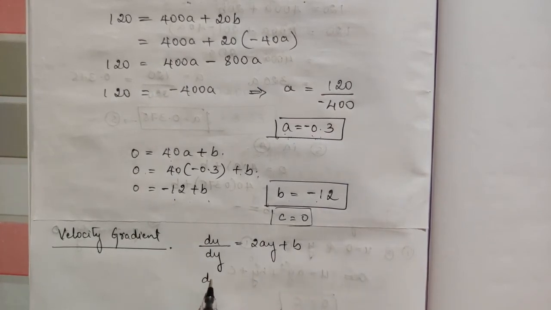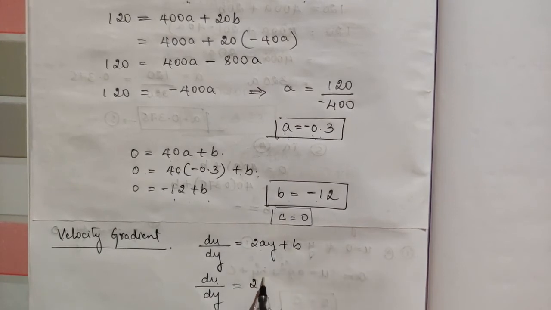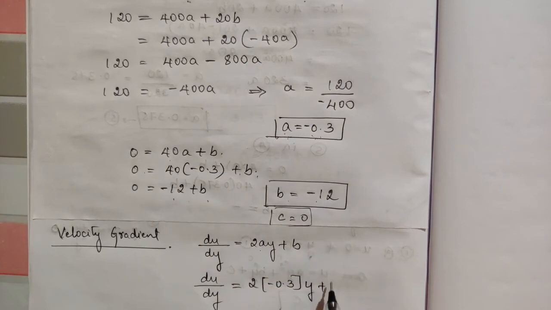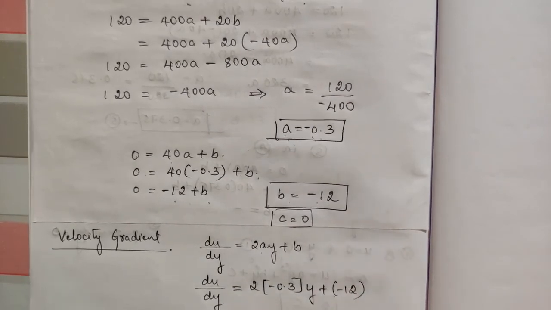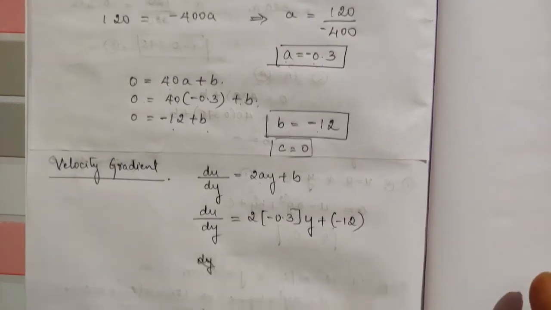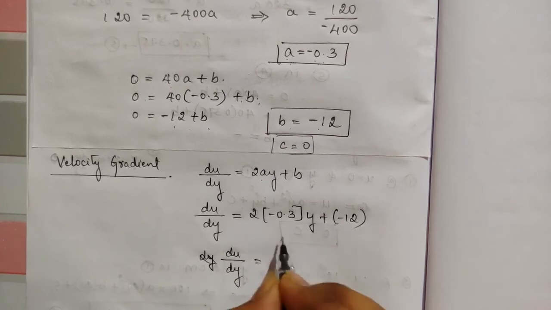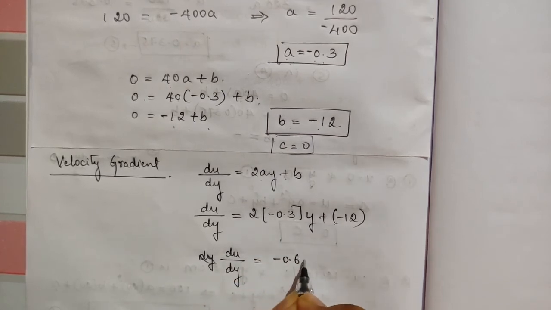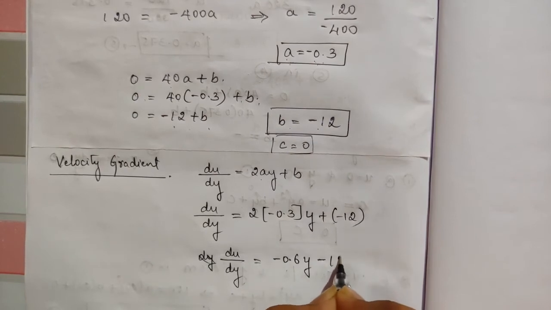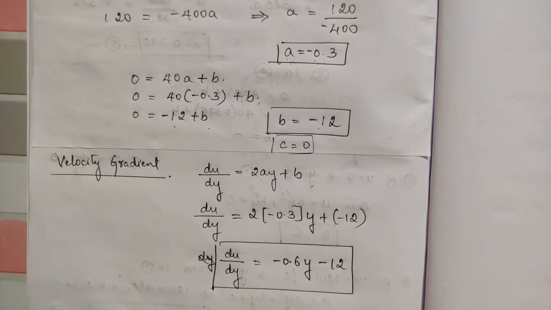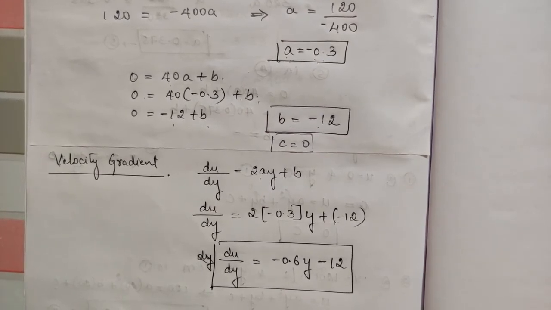So du by dy is equal to 2 into the value of a, which is minus 0.3, into y plus the b value, which is minus 12. So du by dy is equal to minus 0.6y minus 12. This is the simplified equation according to the values we got.